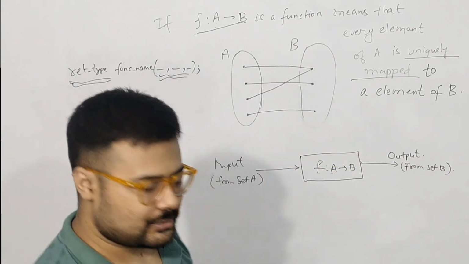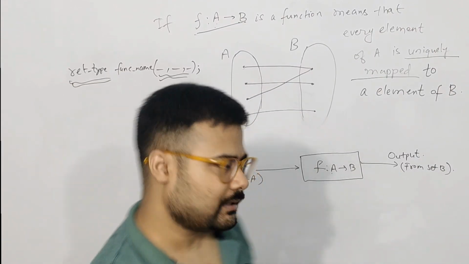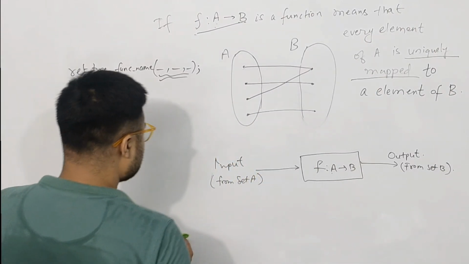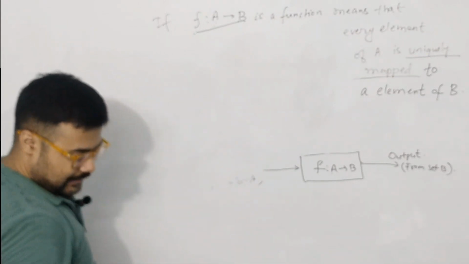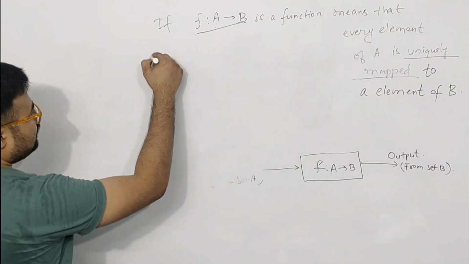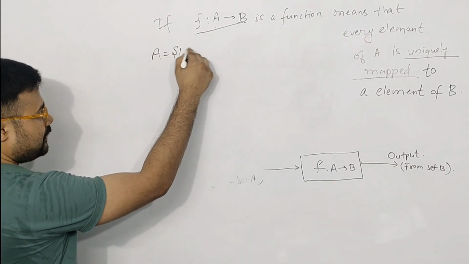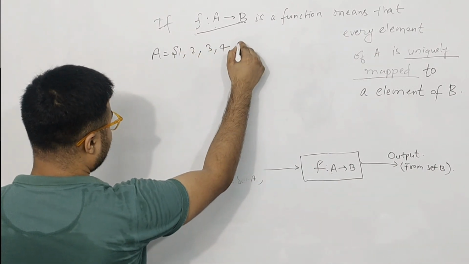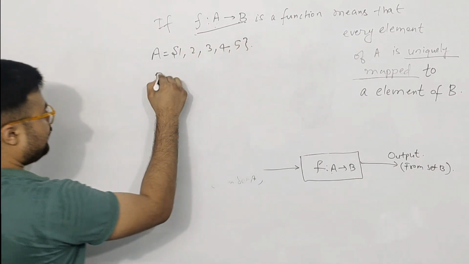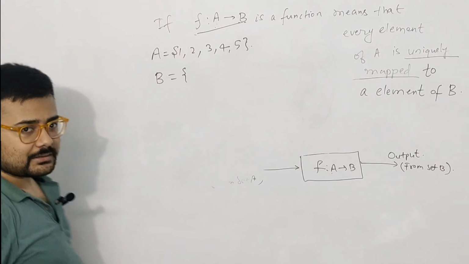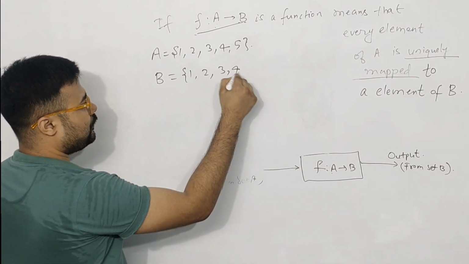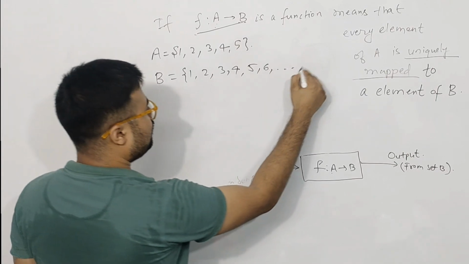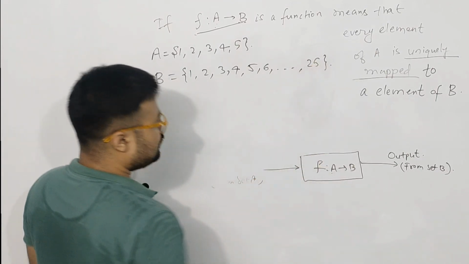Let me take an example of a function. Let me take a set A and a set B and show how a function works. Let's say set A is 1, 2, 3, 4, 5, and you have a set B that is 1, 2, 3, 4, 5, 6, so on till 25.